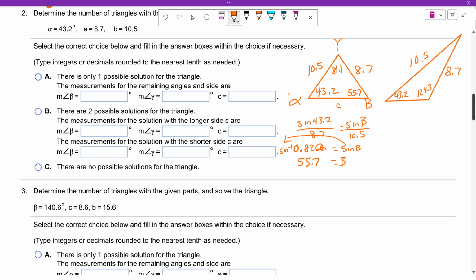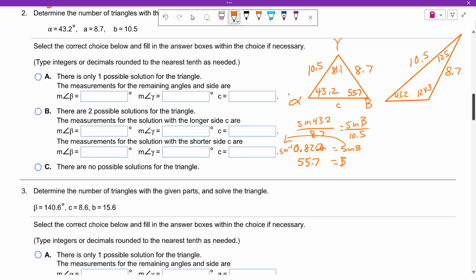So gamma could be 81.1, or over here, if we take 180 minus 43.2 minus 124.3, gamma could be something else. 12.5. All right. So we know all the angles.